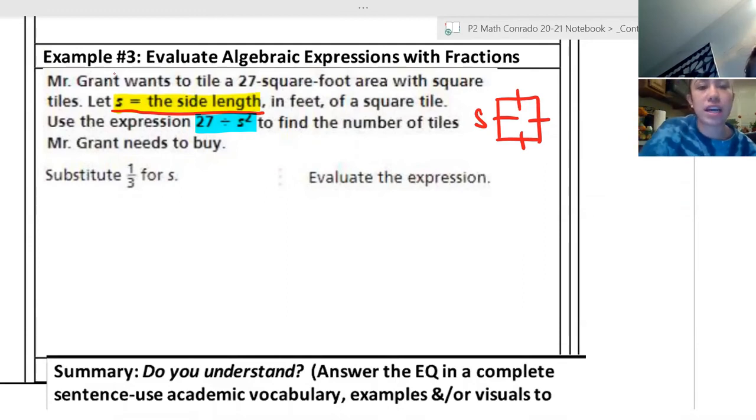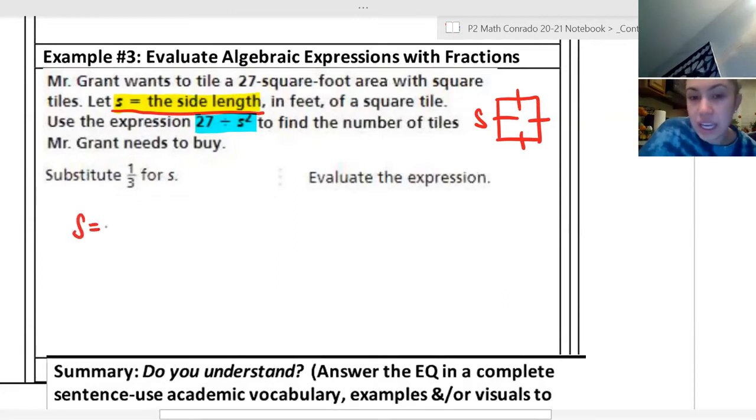We're going to use the algebraic expression 27 divided by s squared to find the number of tiles Miss Grant needs to buy. Each side is 1/3 foot. So s equals 1/3 foot.